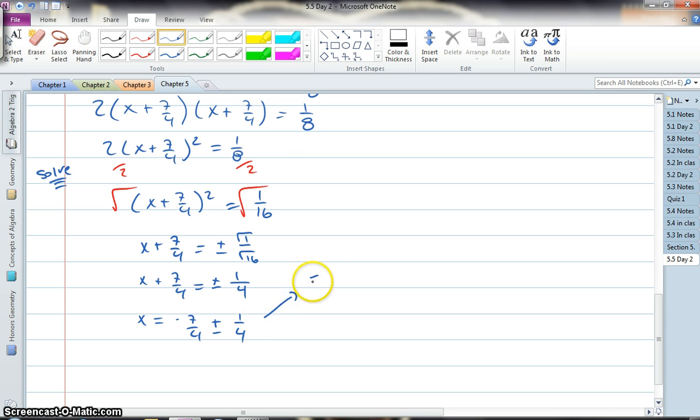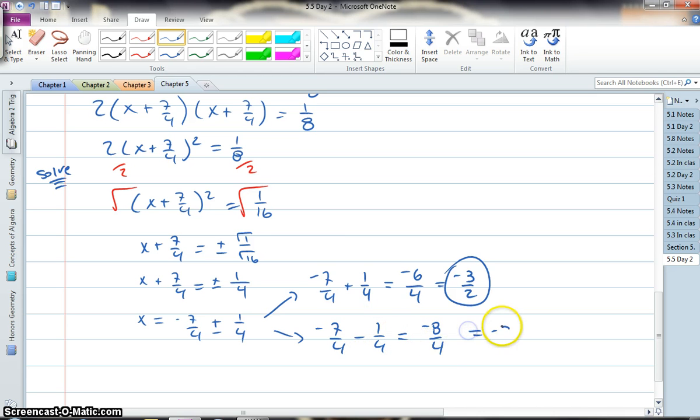So negative 7/4 plus 1/4 gives me negative 6 over 4, which is negative 3/2. And negative 7/4 minus 1/4 gives me negative 8 over 4, or negative 2.